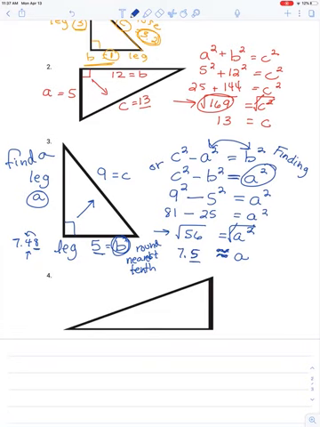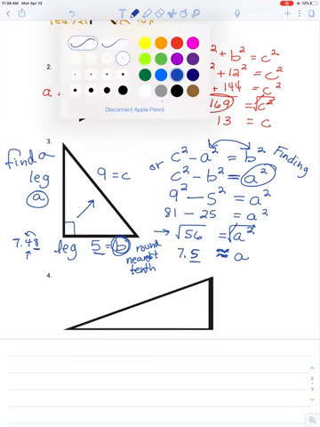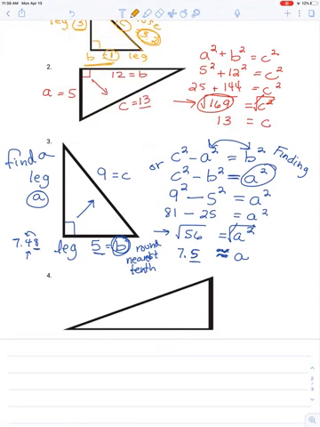Okay, let's do another one where we're trying to find the leg of a triangle. So this one, let's say our hypotenuse is 74, because that's going to be opposite our right angle, so that's going to be our C, and our leg is 24. So let's say this is A, and so we're looking for B now.